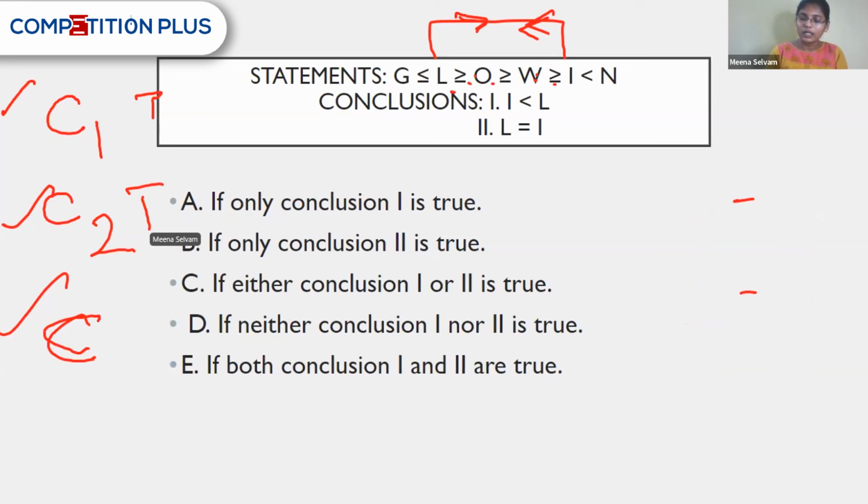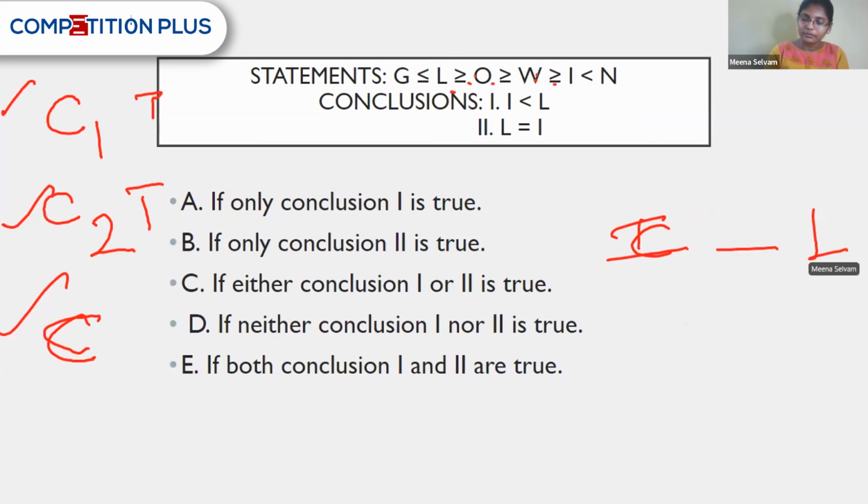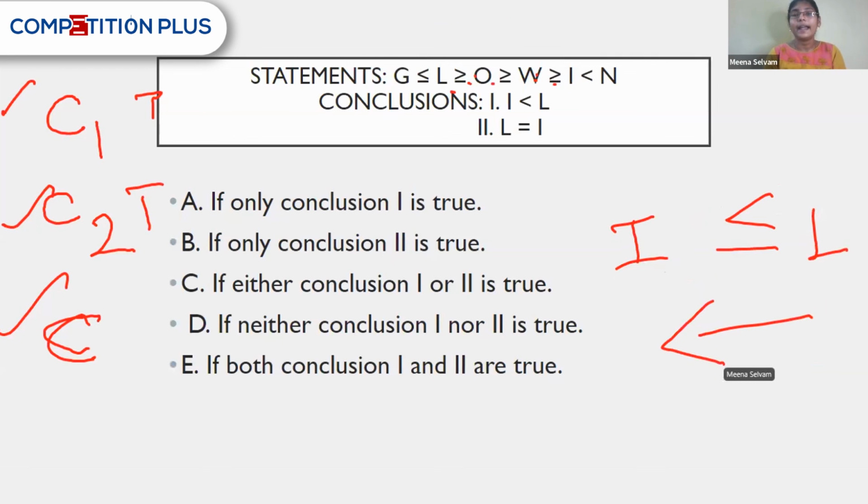Combined conclusion. What is the combined conclusion in case of this question? I less than or equal to L. So from L to I, we have to check whether there is a less than or equal to symbol. If an equal to symbol is coming, it can pass through, and if a less than or equal to symbol is coming, it can pass through.